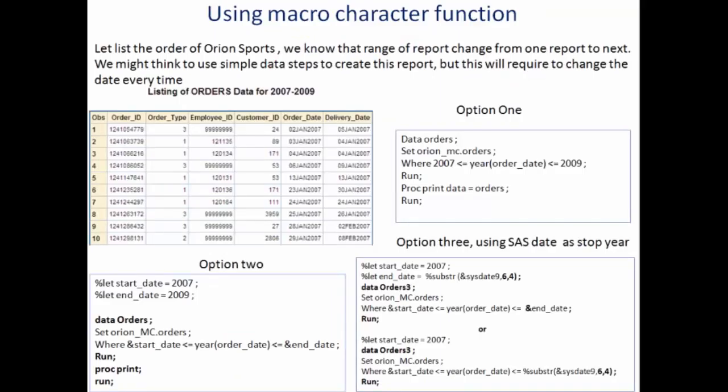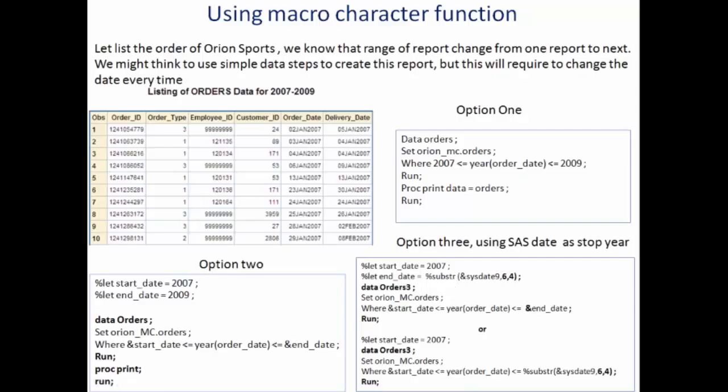Here one macro program is written. This is one way of writing the program, this is the second way, and this is the third way with the help of the substring function.